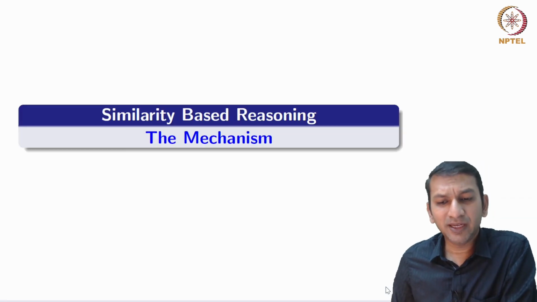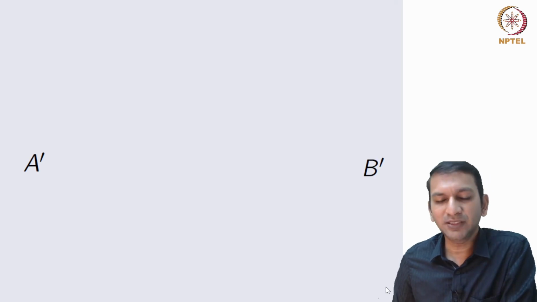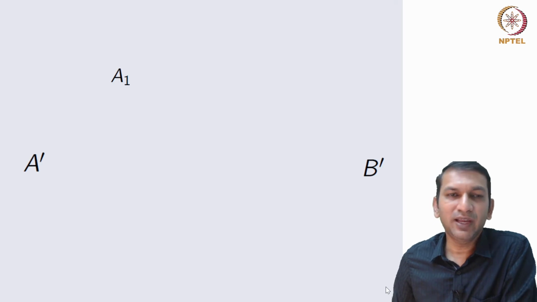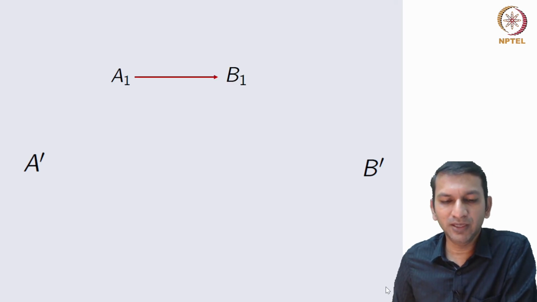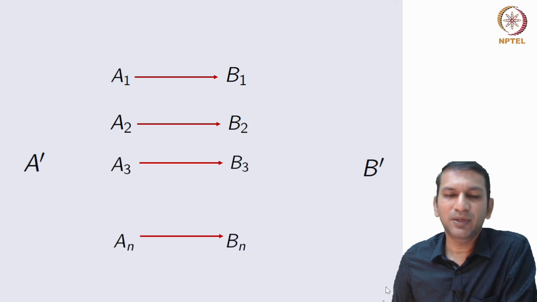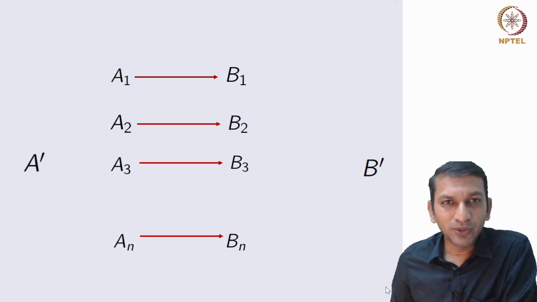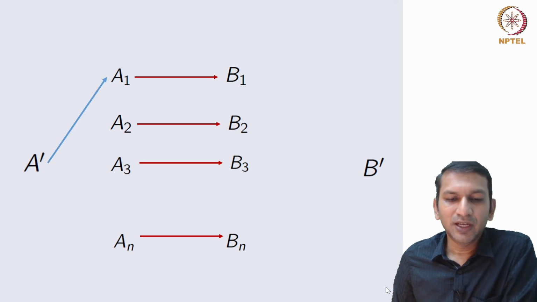If we look at the similarity based reasoning scheme, we are given an input A dash and we still need an output B dash, but we are retaining the rules as such. So we have n rules of the form A1 implies B1, A2 implies B2, A3 implies B3, so on till An implies Bn. Now what we do here is, given this A dash, we match it against each of the antecedents A1, A2, A3, and so on to obtain a similarity value S1.